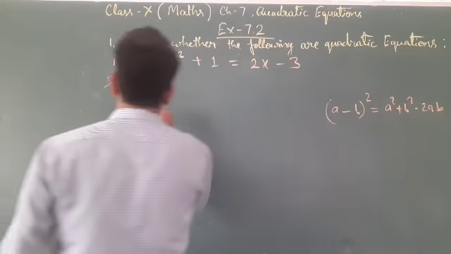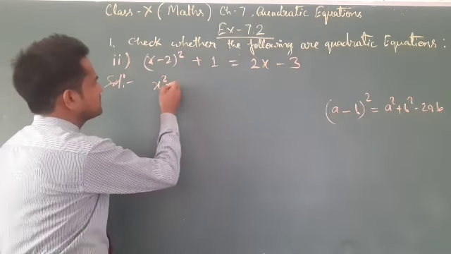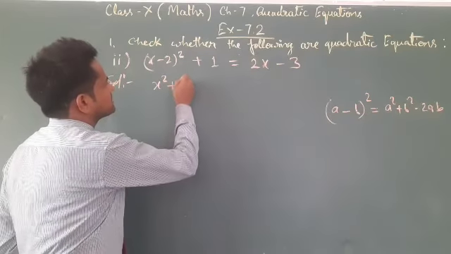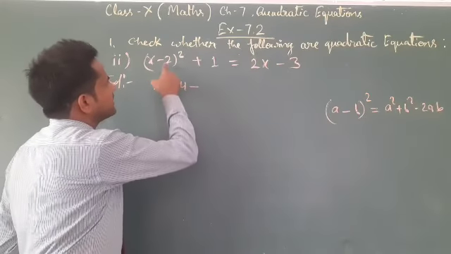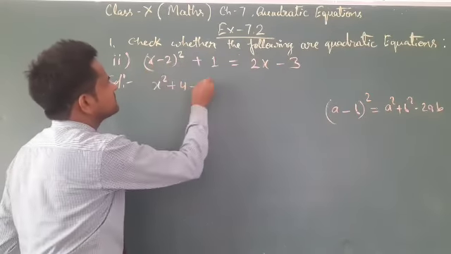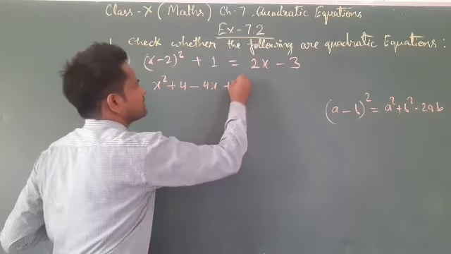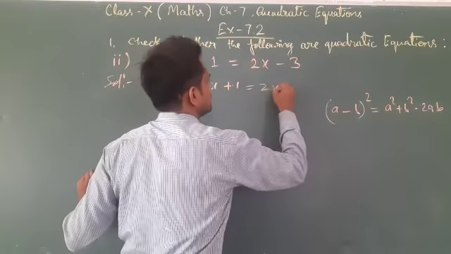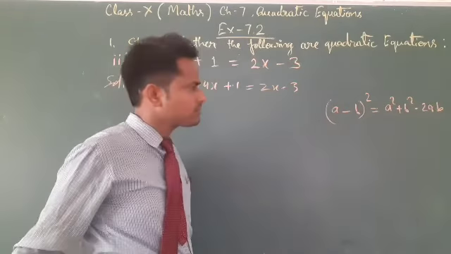Then this will become x² + 4 - 2ab, 2 into a into b, it means -4x, plus 1 is equal to 2x - 3.